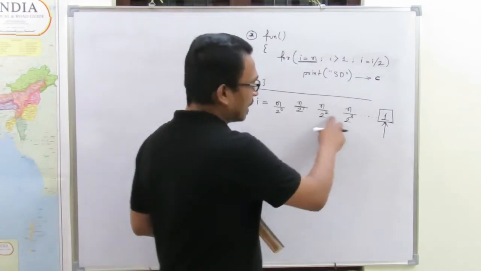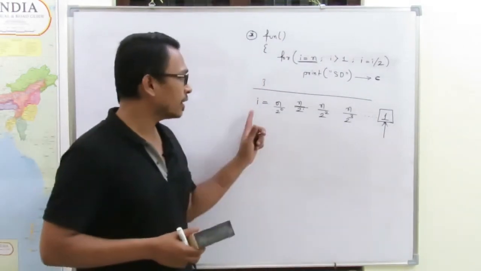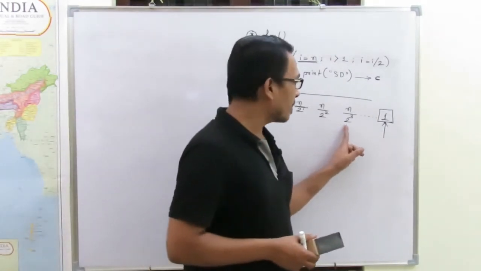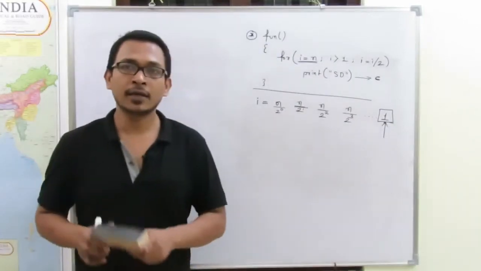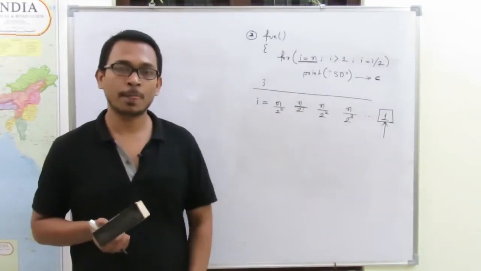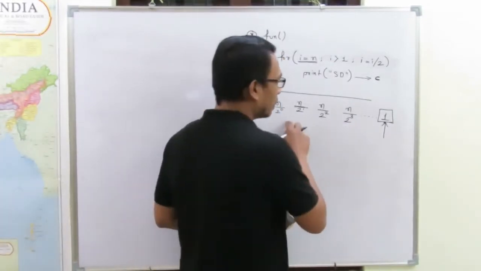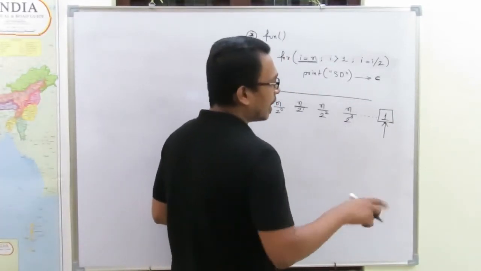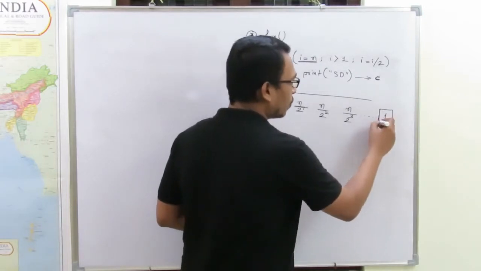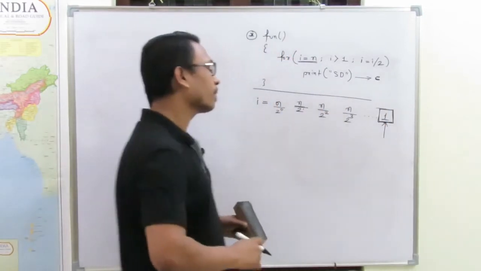That means in each step we incremented the denominator by a multiple of 2. Now if you observe, this thing repeats until we reach 1. Clear?